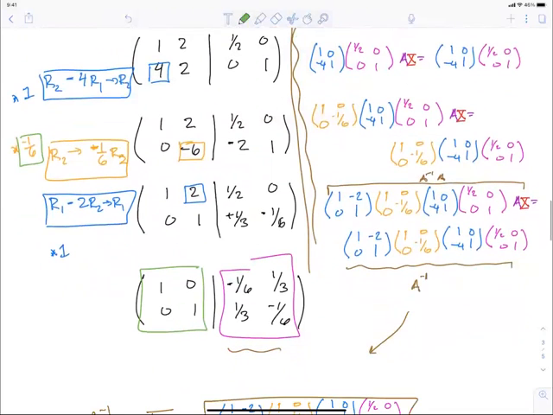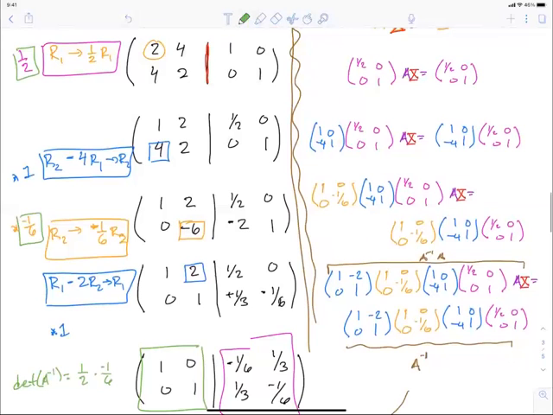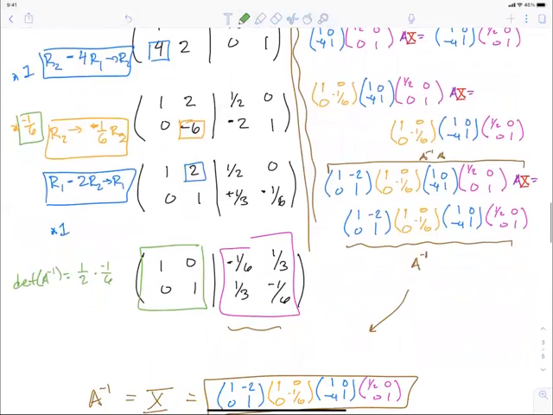So altogether, we can automatically know that the determinant of A inverse is going to be equal to 1/2 times -1/6. Just by looking, without looking at what's on the right, without even touching the elementary matrices, all we have to do is take when we scale the rows and multiply those together, and that gets the determinant of the inverse.